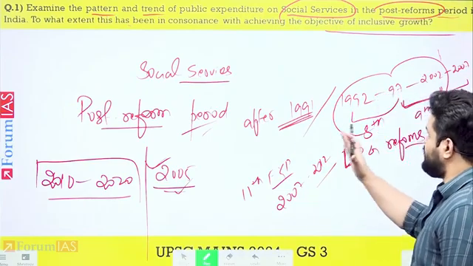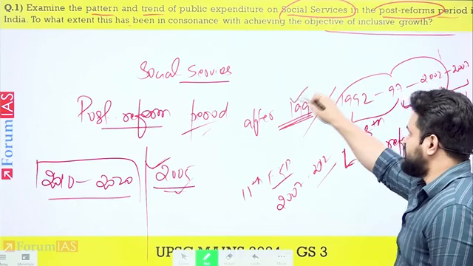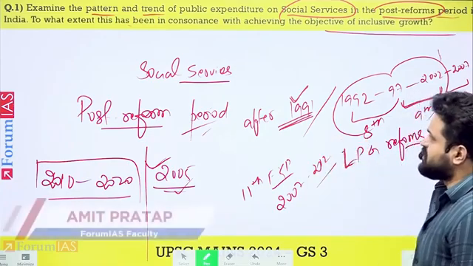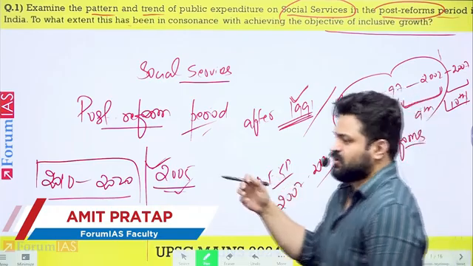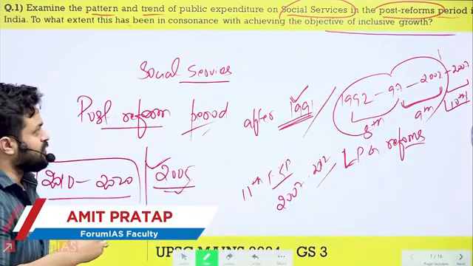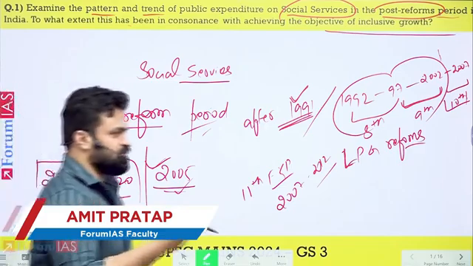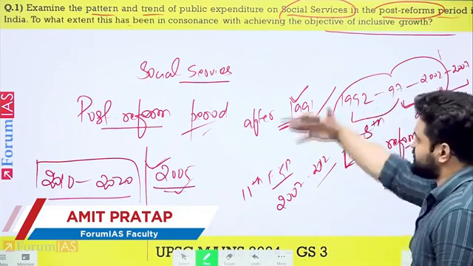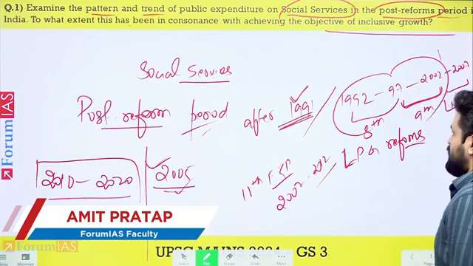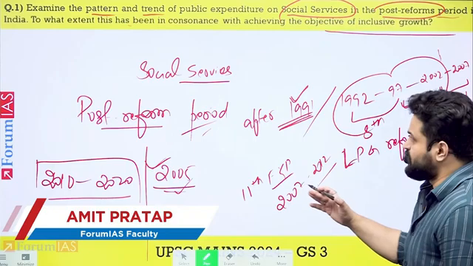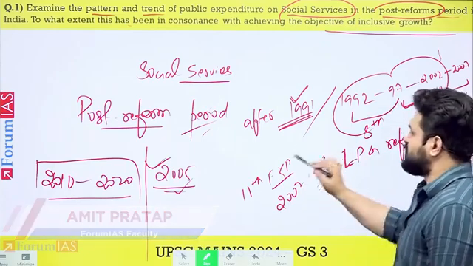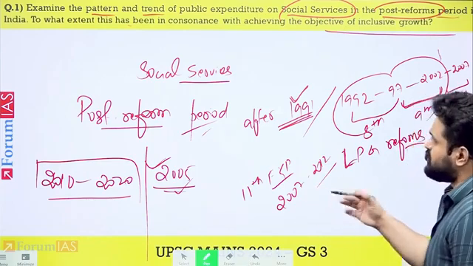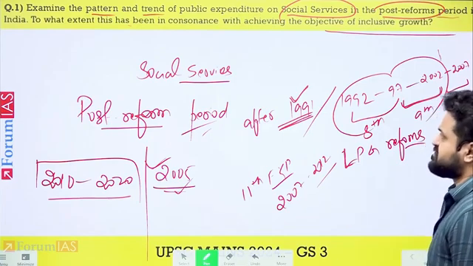Okay, but in the initial 1.5 decades after the reforms, there has been exclusive focus on implementing the LPG policy, and the objective of bringing at least a minimal level of equality has been ignored. Okay, so public expenditure on social services started showing results after 2005-6. Before that, the exclusive focus has been on implementing this new economic policy. So this has been the major trend or pattern of public expenditure on social services.